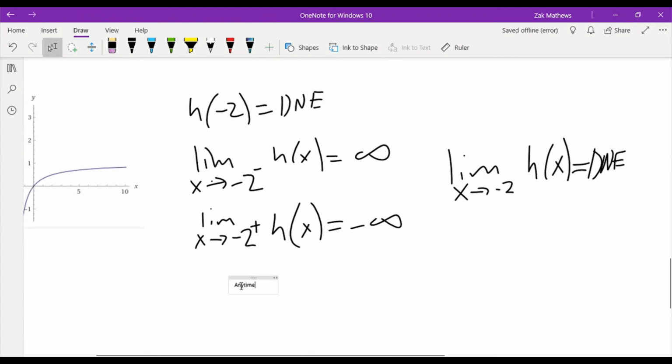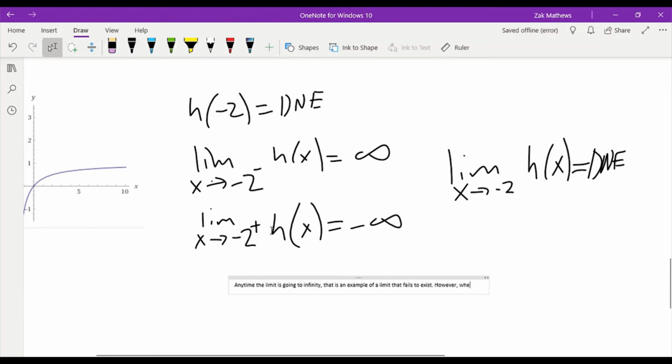Anytime the limit is going to zero, to infinity, that is an example of a limit that fails to exist. So technically, these fail to exist.